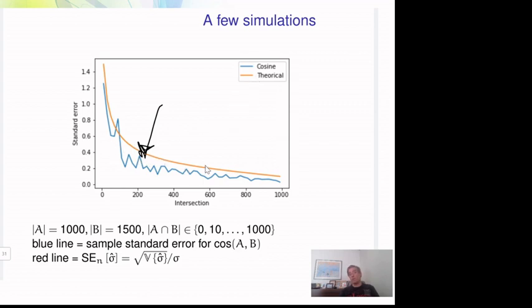However, if we conjecture that the estimator is unbiased and we apply the theorem, we get also a pretty good match here too.